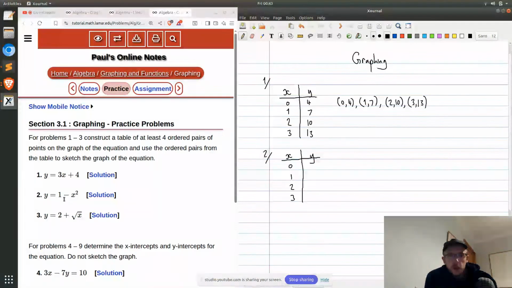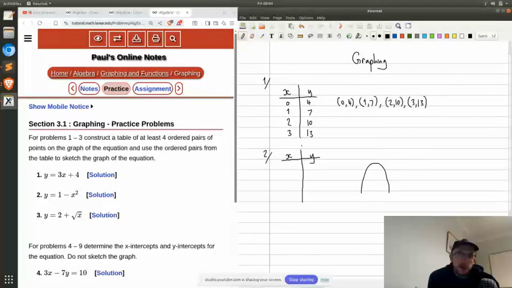Again, we use 0, 1, 2, and 3. But, you know, maybe that's not actually the best idea, because I already know ahead of time that it's going to roughly look like this upside down U opening downwards, with the axis like that.